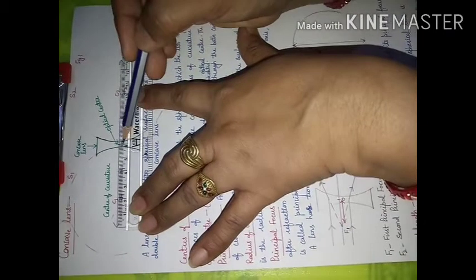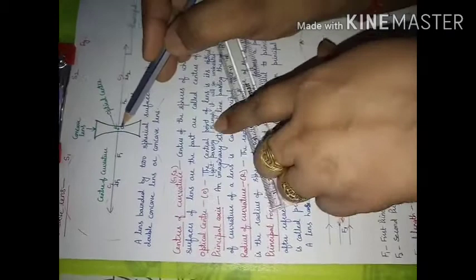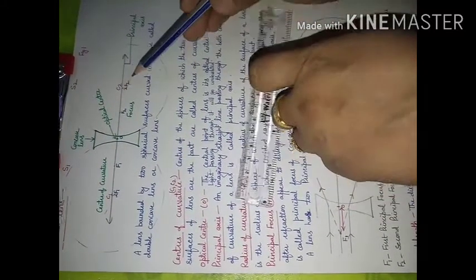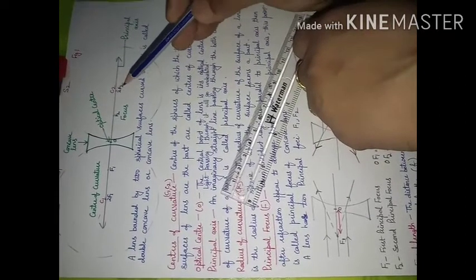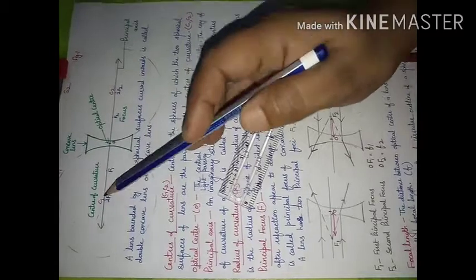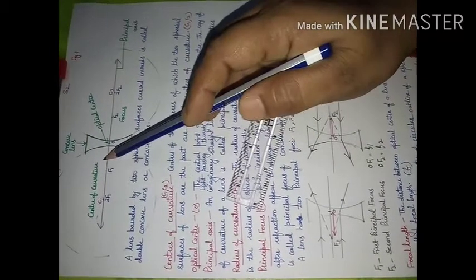Then the point at 6 is the central point. This point that I have marked as C2 or 2F2 will be 4 cm away from this point. Similarly, this C1 is also 4 cm away.